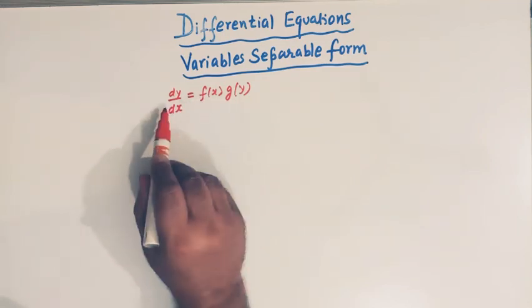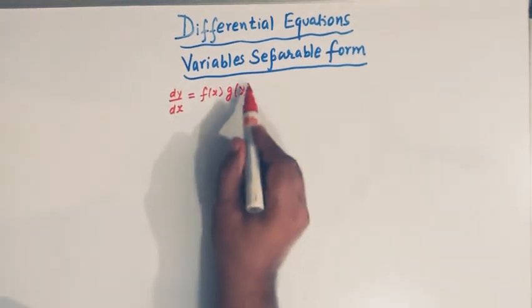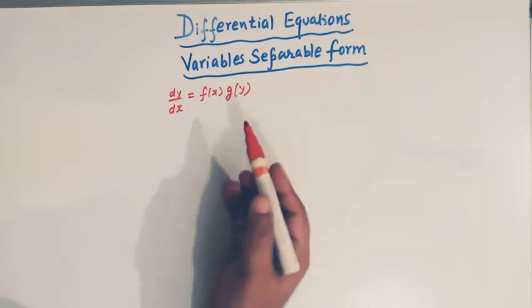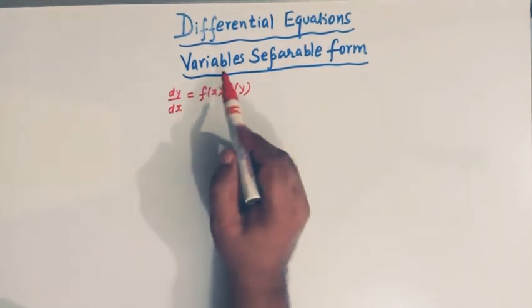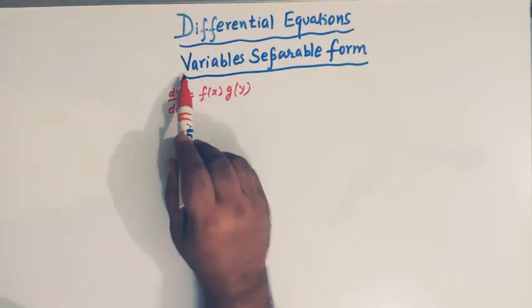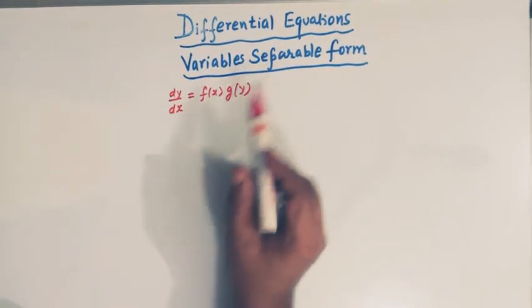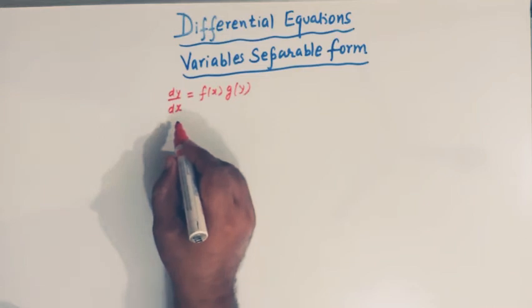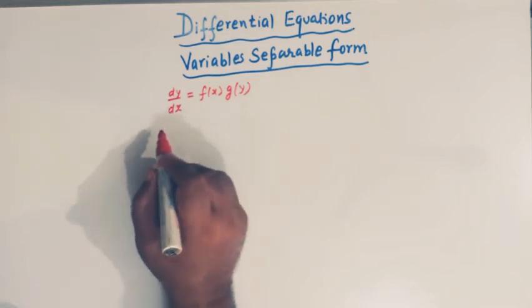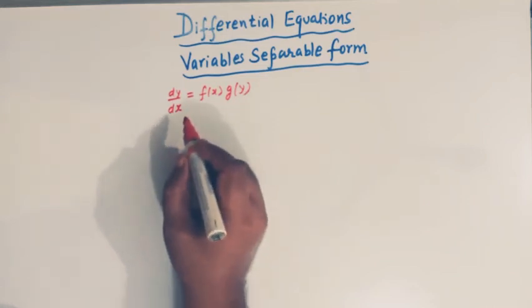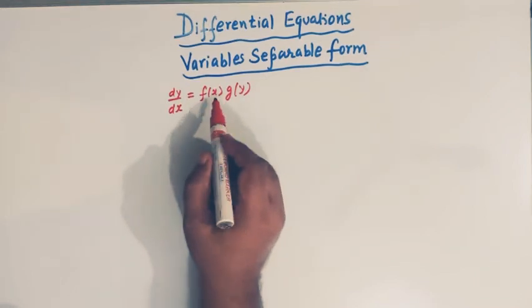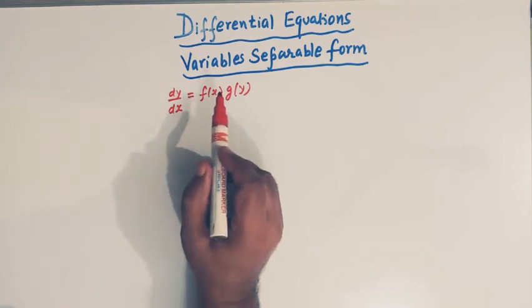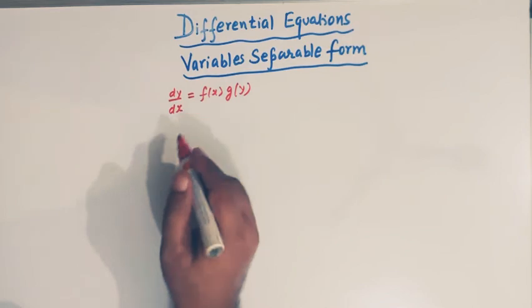Now to solve this differential equation, as the name suggests, we have to separate the variables. So here we'll separate the variables x and y. It means that we'll associate all the functions of x with dx and all the functions of y with dy, right? So what does it mean?